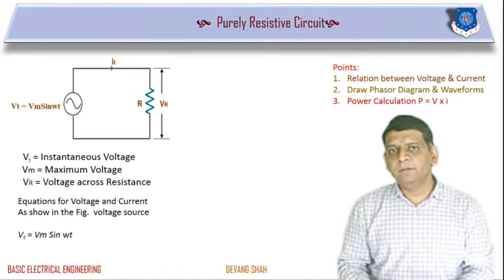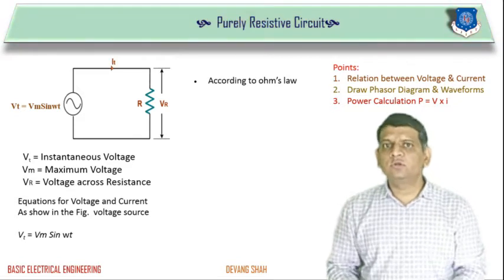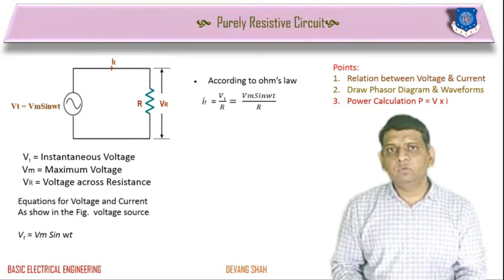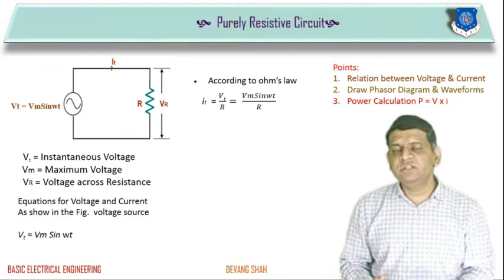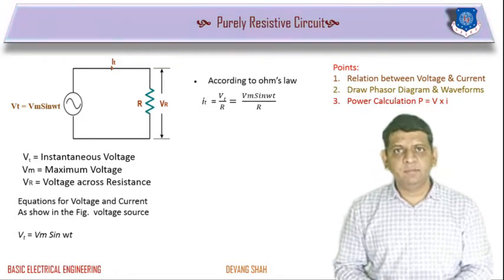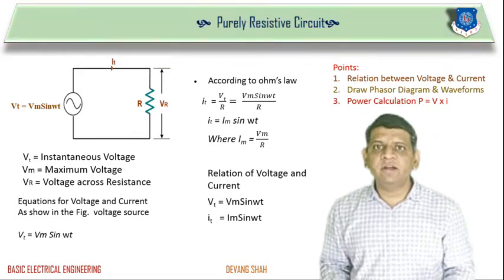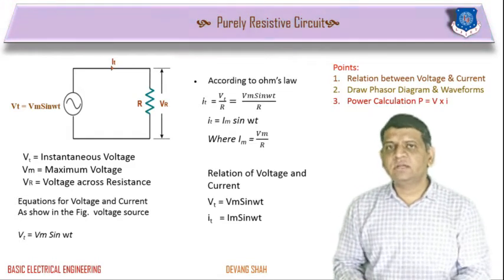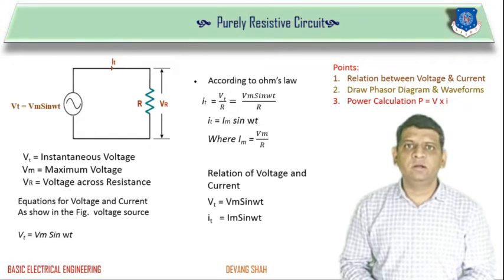For the resistive circuit, you can straight away apply Ohm's law, and from Ohm's law you can find the current i(t) equal to v(t) divided by R, which is Vm sin omega t divided by R. So I can represent Im equal to Vm divided by R, and from this the current is i(t) equal to Im sin omega t.